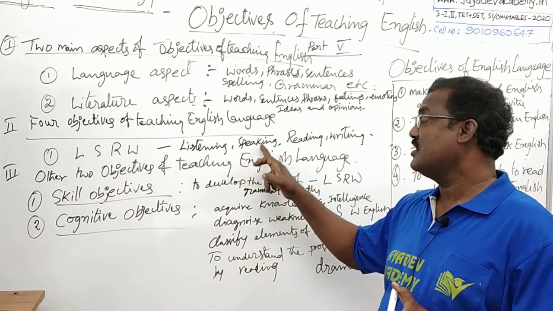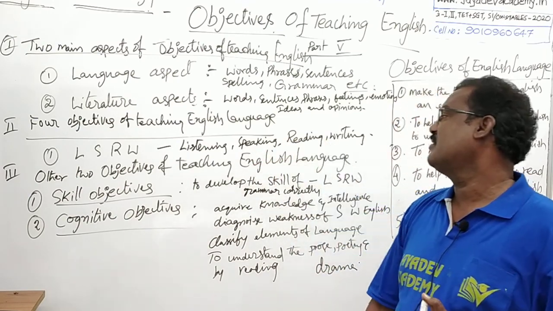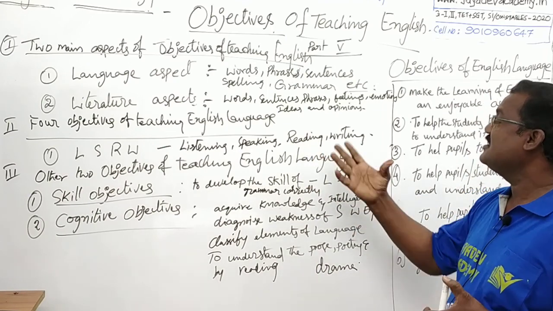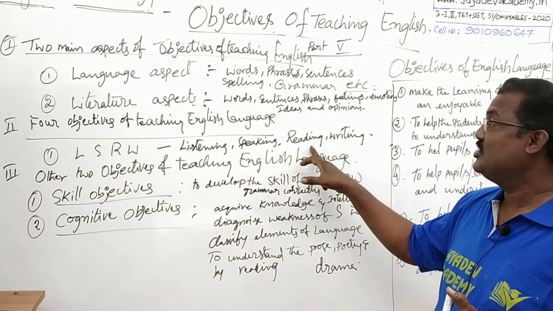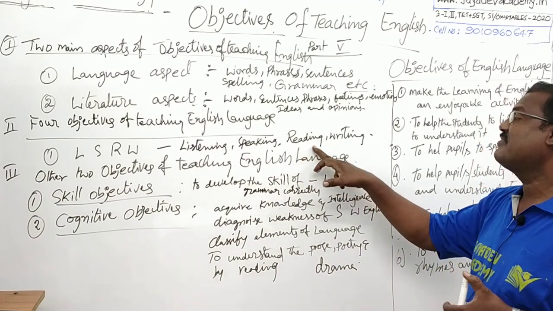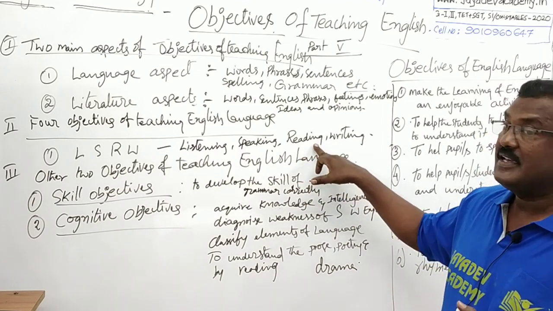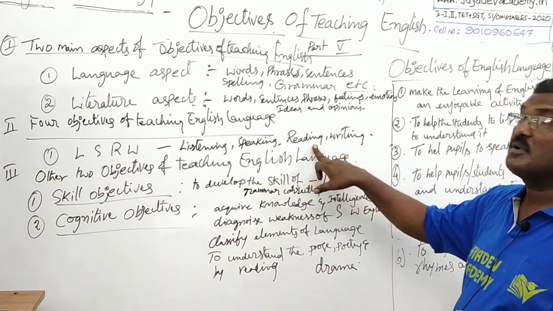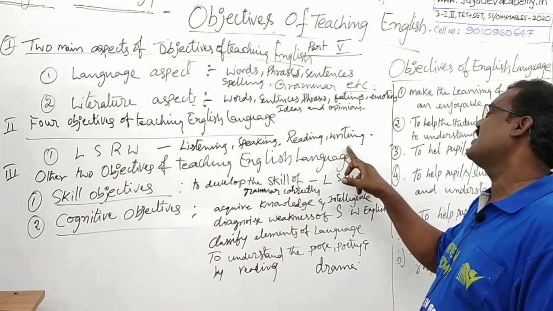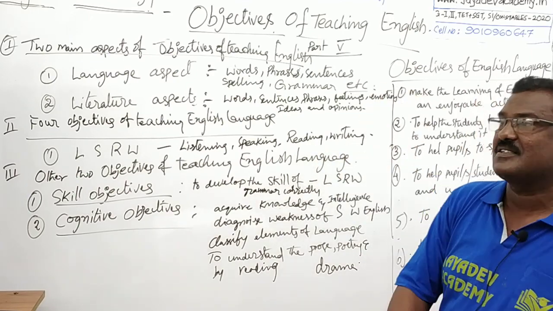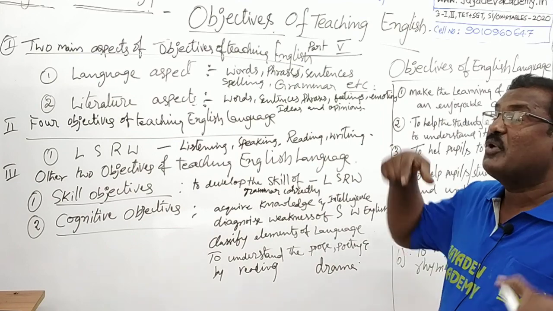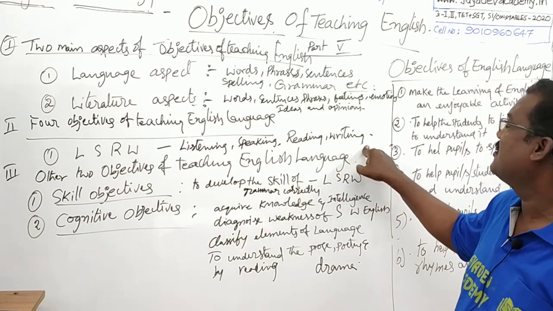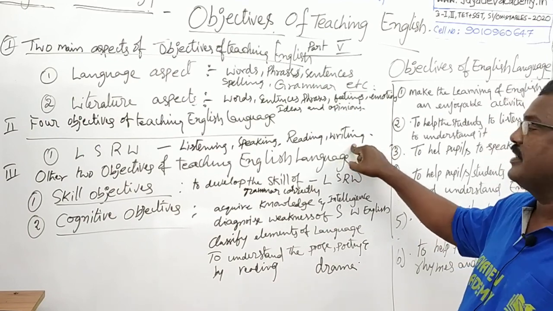Speaking: he should be in a position to speak. Reading: he should read in an easy manner. He should understand the style of reading. While reading, he has to maintain proper rhythm and rhyme and proper stress, word stress also, where he has to apply extra force while reading the word. And writing: by using the punctuation marks, he should write properly.